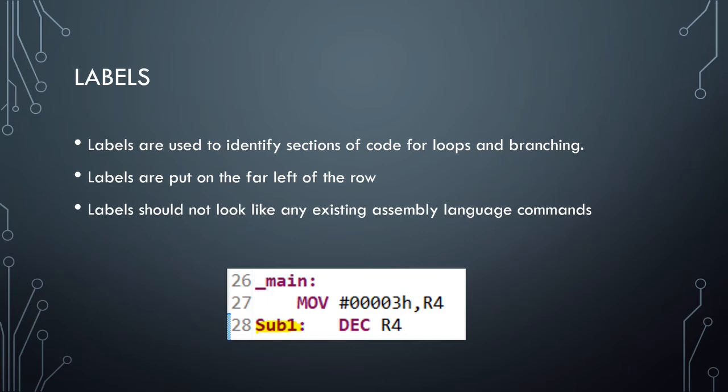As long as your labels don't look like any existing commands, because that'll confuse the processor. It won't know if it's a label or if it's a command. So you wouldn't want to have MOV be your label. That would be a poor choice. So make sure your labels don't match any existing assembly commands. Other than that, they can essentially be whatever you want within reason.